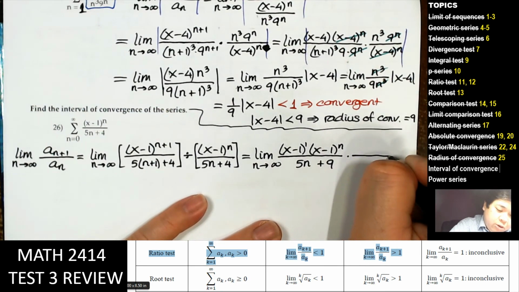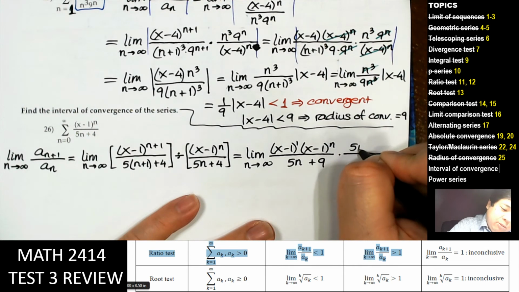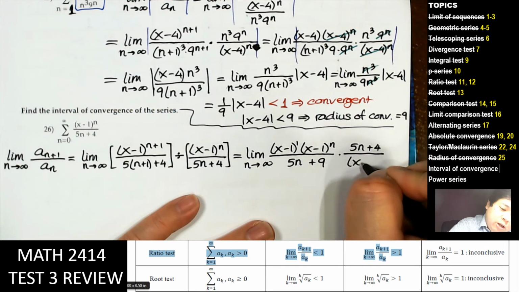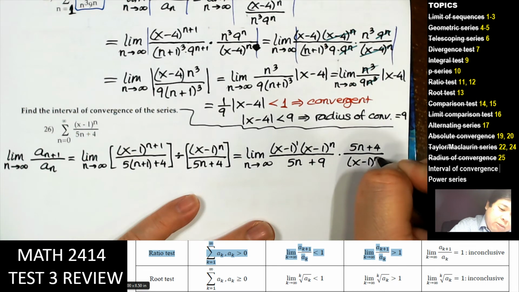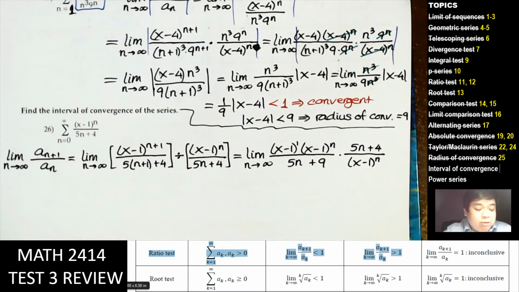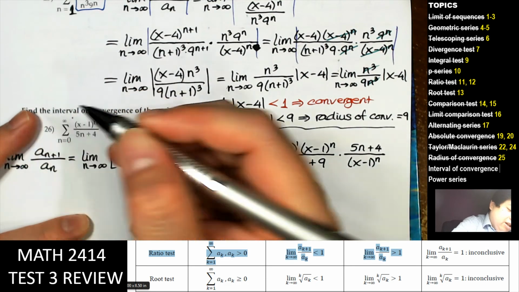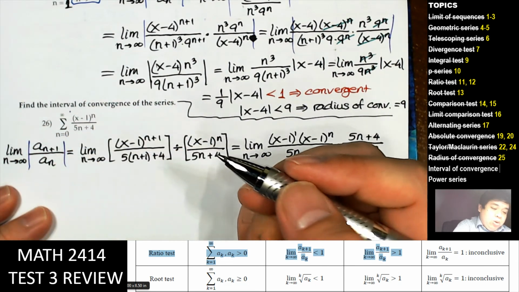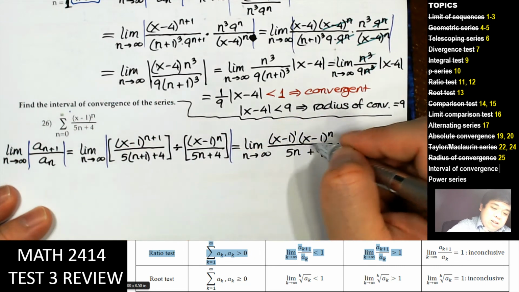Multiply by the reciprocal, 5n plus 4, (x minus 1) to the n power. And again, I forgot, we have to have the positive to use the ratio, so we throw in the absolute values.